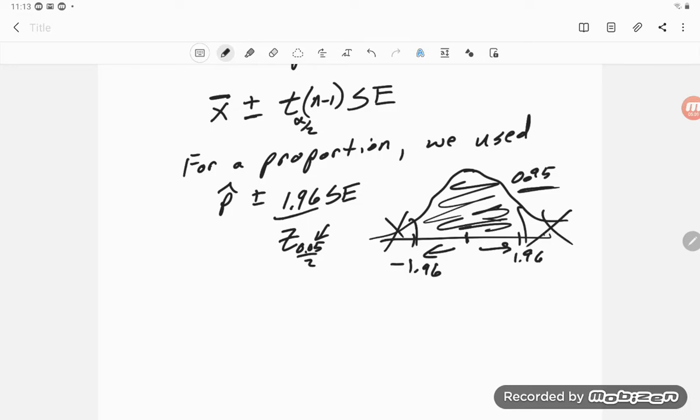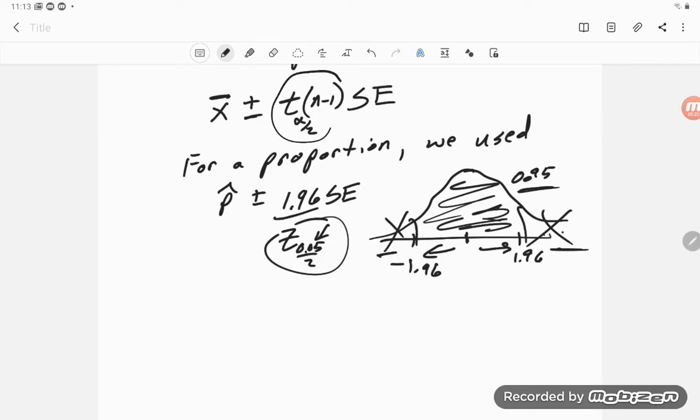So total, that has to be our 5%, so it's 2.5% on each side. 2.5% there, 2.5% there. That's why they talk about the 0.05 over 2. But that's all the 1.96 is. I could use that notation, and your textbook did.